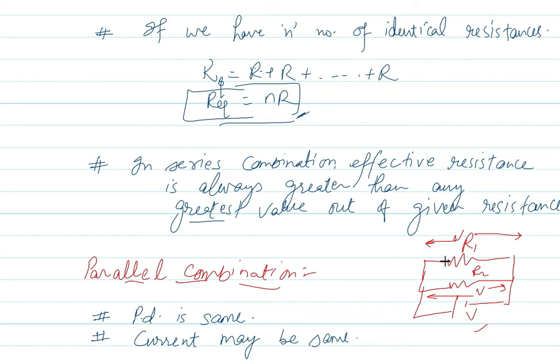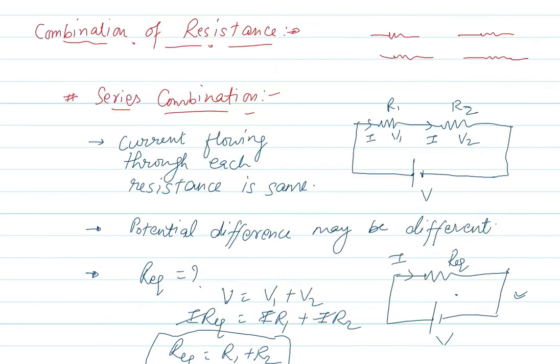The equivalent means the total resistance with which, if this given network is replaced, then that resistance would draw the same amount of current as is drawn by the actual combination. So suppose the actual combination is drawing total current I, in which I1 is flowing through R1 and I2 is flowing through R2.